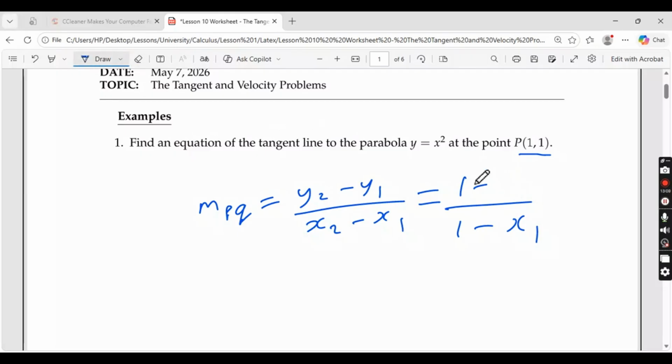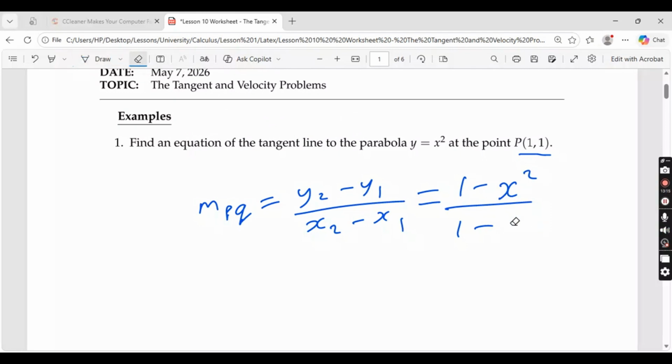Let's use x squared. And then x1 will be x.